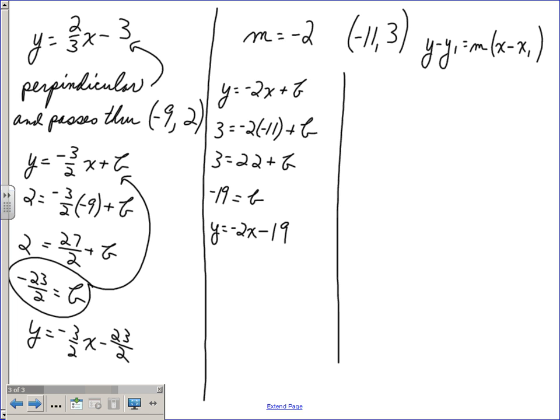Does anybody know what that's called? Point slope form. So this is point slope form of an equation. It's very easy to use, and it's very efficient.